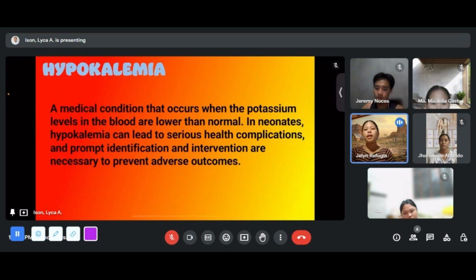So pag sa mga baby naman, hypokalemia can lead into serious health complications. So nagkakaroon ng tinatawag na hypokalemia sa mga baby kapag bumababa yung serum potassium level into 3.5 milliequivalent per liter. So, next slide. Let's see the signs and symptoms.